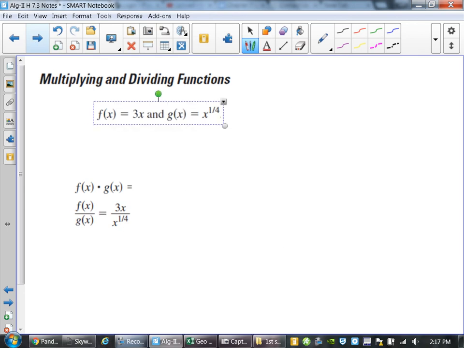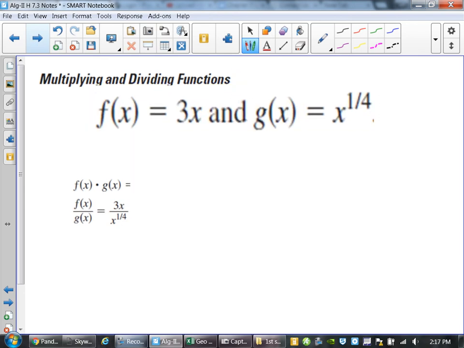All right, let's do multiplying and dividing then. When I multiply functions, just like you were saying a second ago, the only thing that matters when you're multiplying is that you have to have the same base.